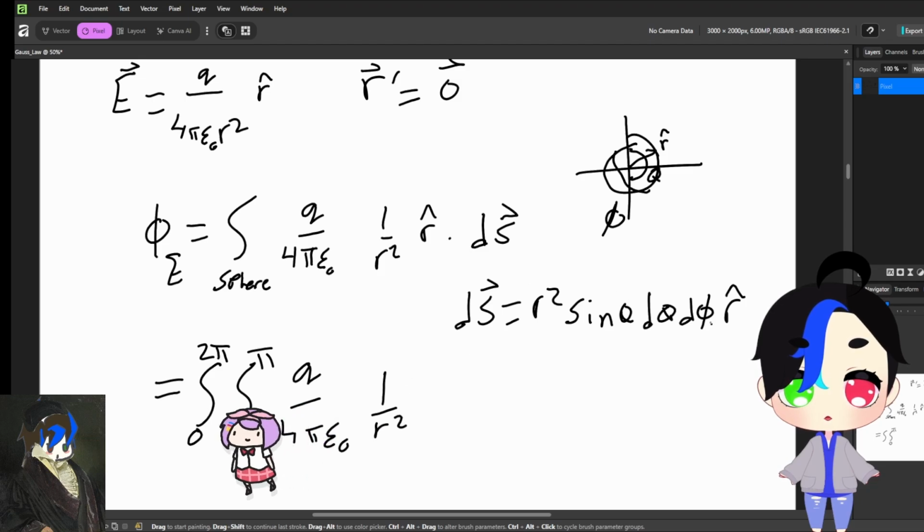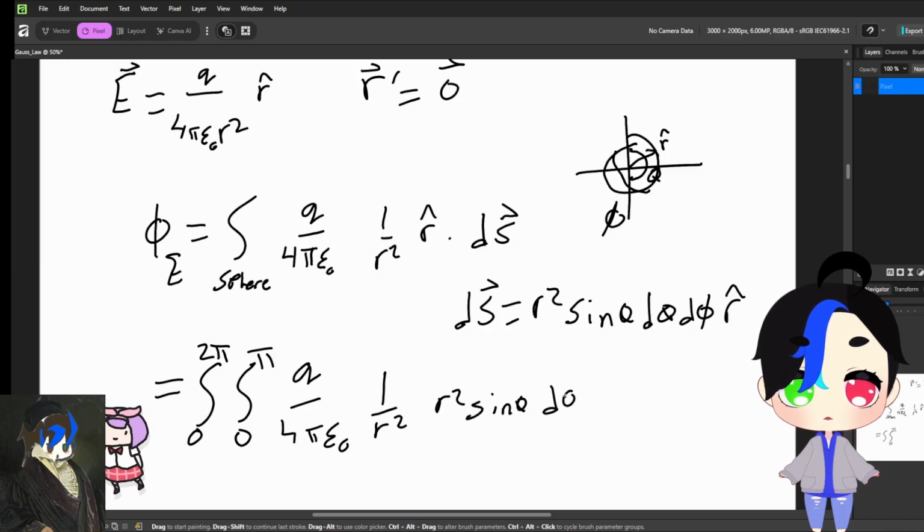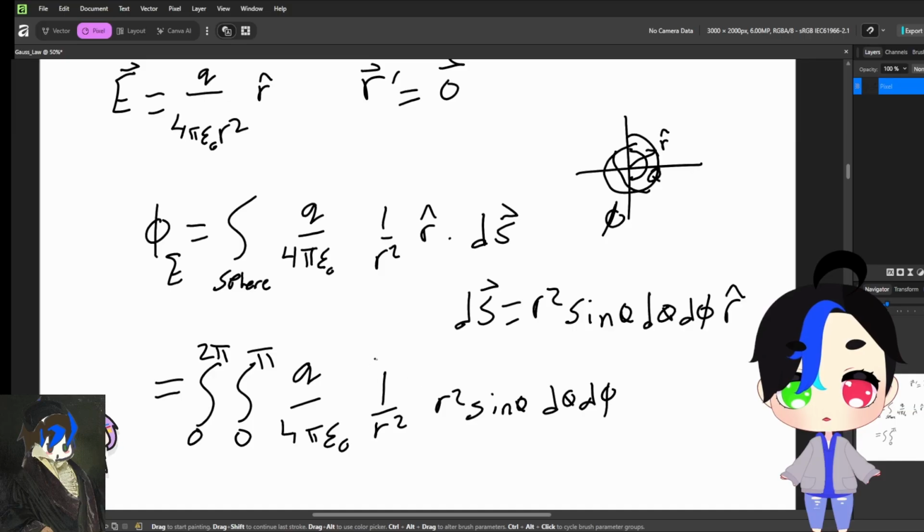R hat dot r hat is 1, so we're left with r squared sine theta d theta d phi.